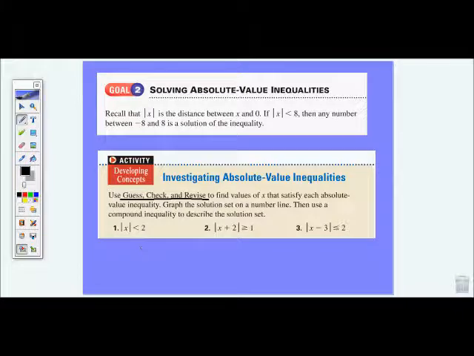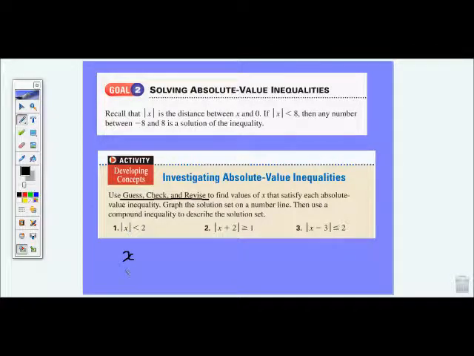So, if I say the absolute value of x needs to be less than 2, all right, that would mean that x, as we were doing on the equalities, would have to be less than, and it can't be equal to 2, or it could also be the negative 2, because if I put that inside absolute value it would change it to a regular 2.